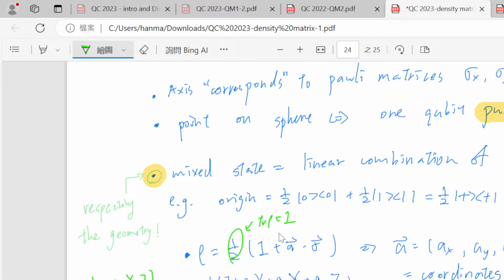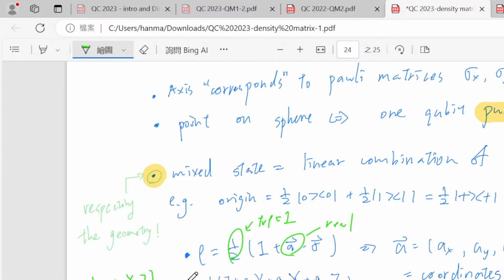Then we have the a's here, and another thing we need to prove is that the a's are real. That comes from rho's Hermiticity.